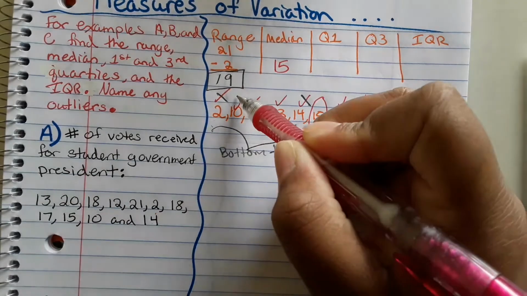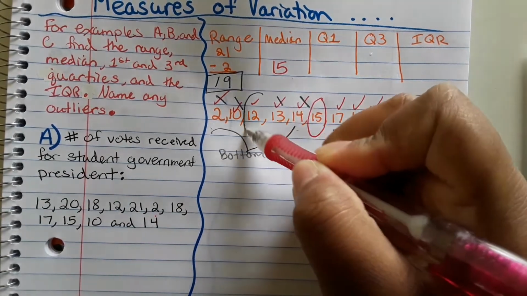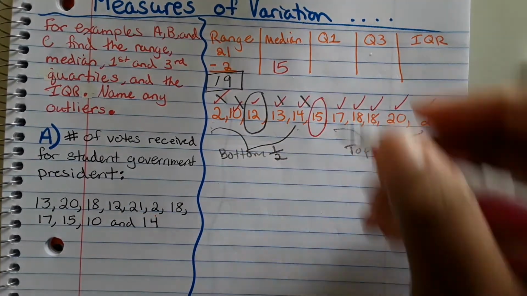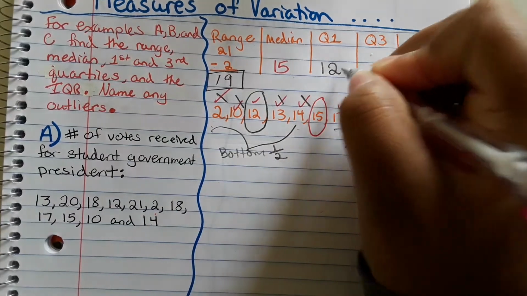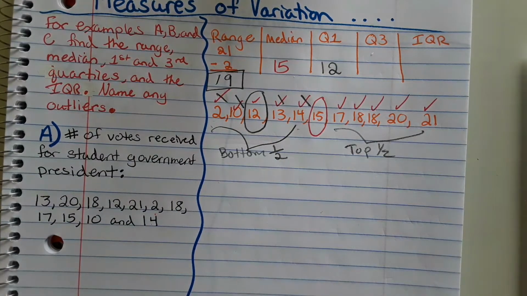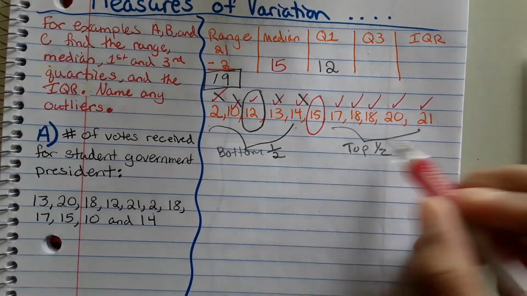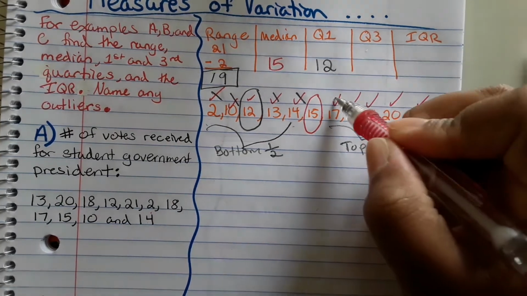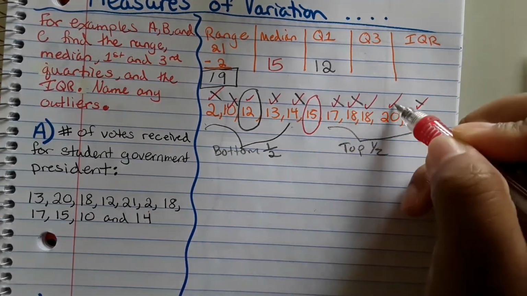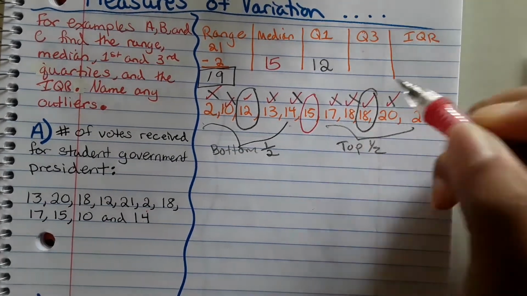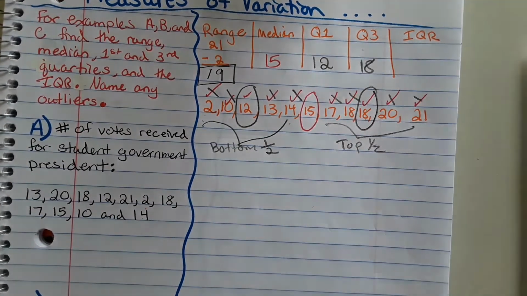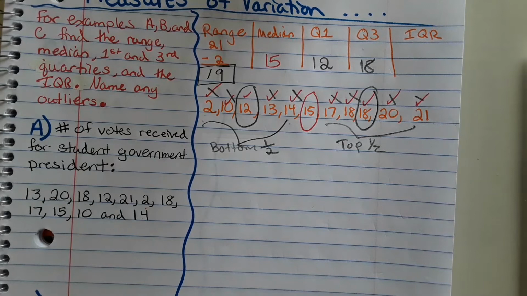Small, big, and in the middle would be 12. So quartile 1 is at 12. So the end of the first quarter of our data would be at 12. And then we do the same thing for quartile 3, but only with the top half. So small, big, looking for that middle number, in this case 18, and we have it.